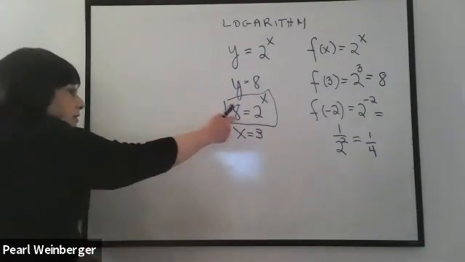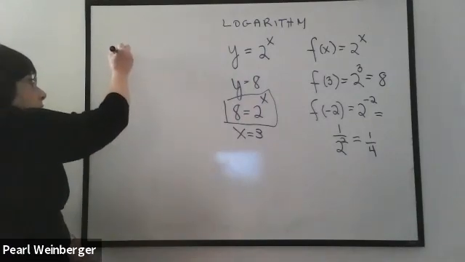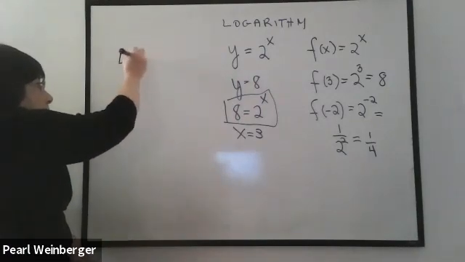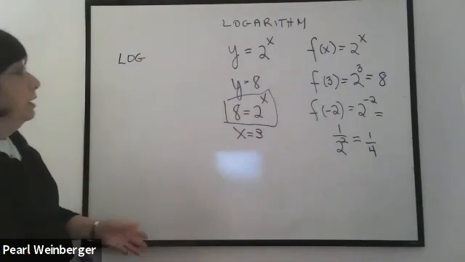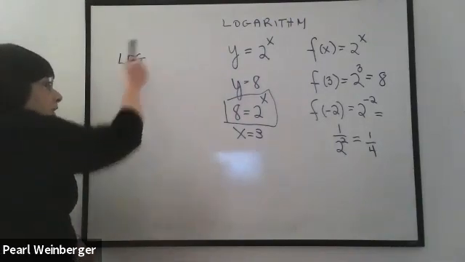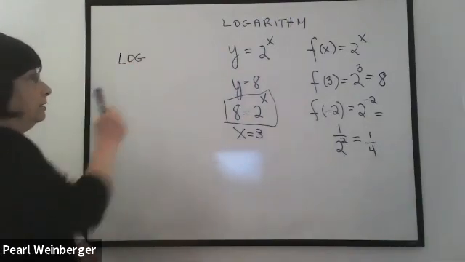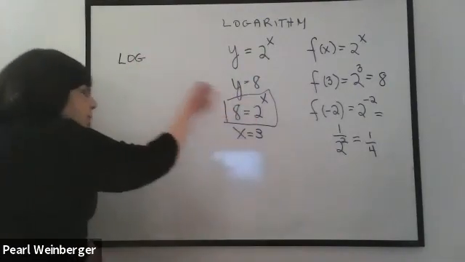This written in logarithmic form would have looked like this. We write the word log, which is an abbreviation for logarithm. We then put in the base. Now the base here is written as a subscript. In this case, my base is 2.